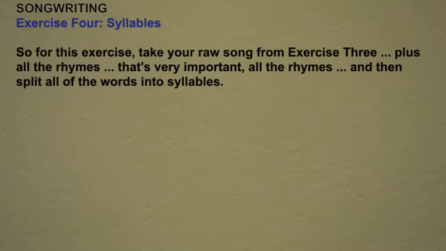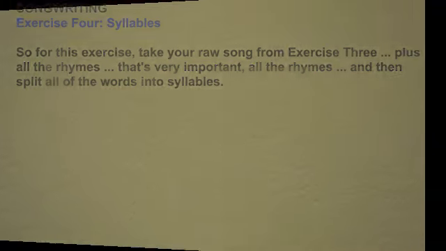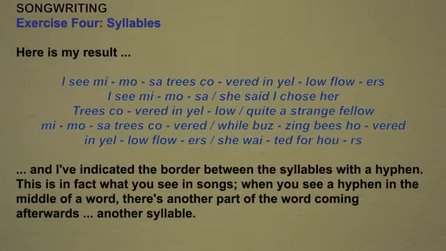So for this exercise, take your raw song from exercise 3, plus all the rhymes, that's very important, all the rhymes, and then split all of the words into syllables. Here is my result, and I've indicated the border between the syllables with a hyphen.